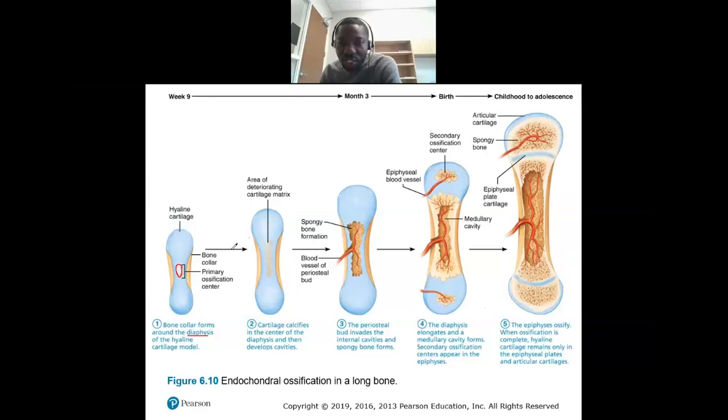Now the next thing that is going to happen is that the cartilage there will start to become calcified. Calcified means calcification, addition of calcium. So that's what happens as the second stage there.